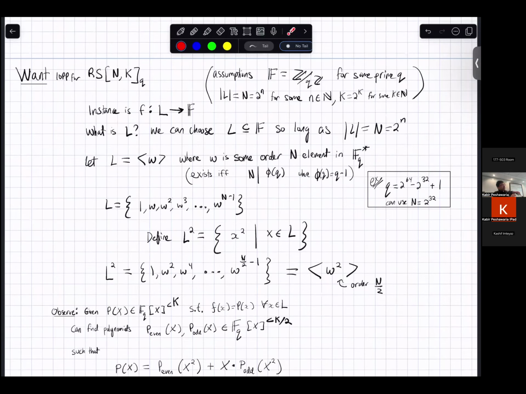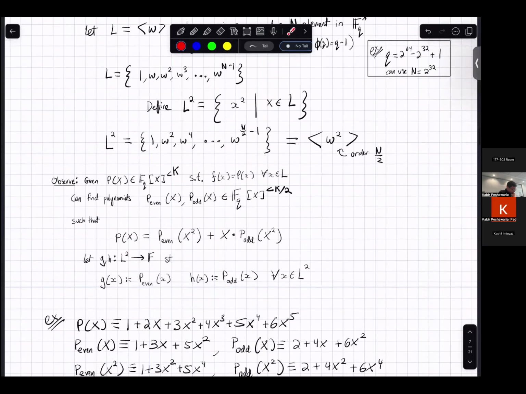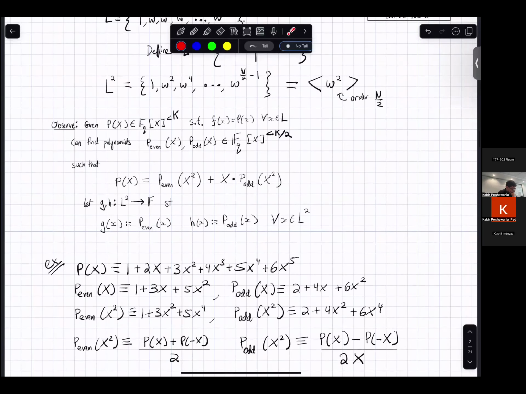Yes. And then also now we have this convenient representation for any polynomial where you break it up into even and odd exponents, and you're evaluating now at x squared. Am I understanding what's going on?